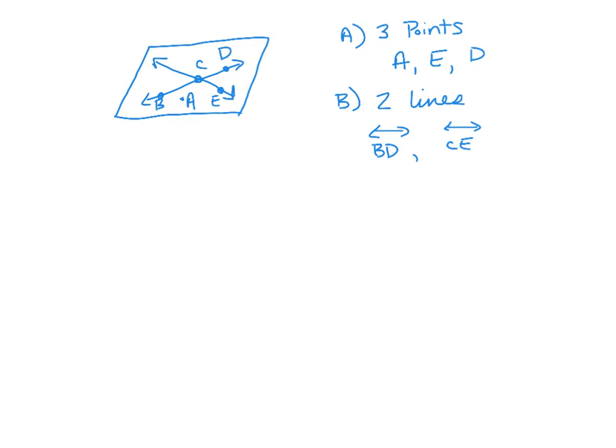And then C, they want one plane. And remember, one plane is just any 3 points that are not on the same line. So, because D, C, and B are all on the same line, you're not going to use all three of those points. You could use two of those points, but you would need to use a point from somewhere else as well.